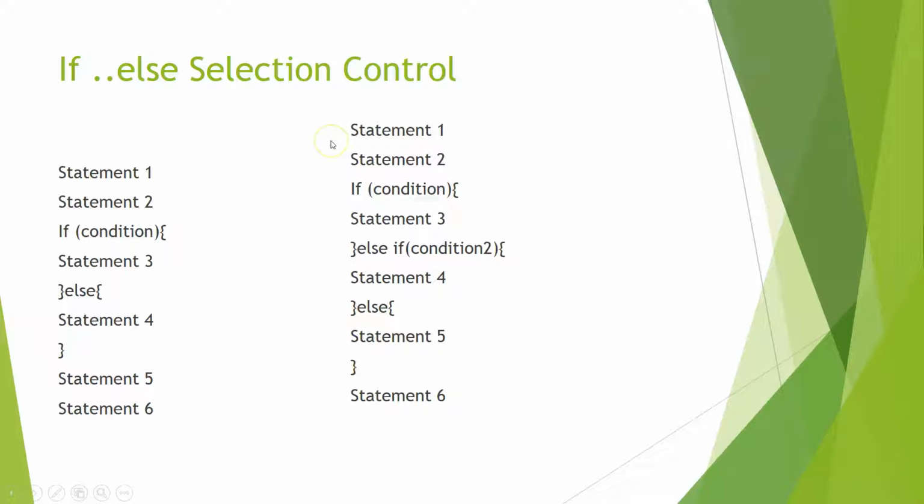But let's assume that we run this program. Statement 1 will be executed, statement 2 will be executed, and then the program stops at this line asking about a specific condition. If this condition is met, statement 3 will be executed, and then statement 4 and statement 5 will not be executed.